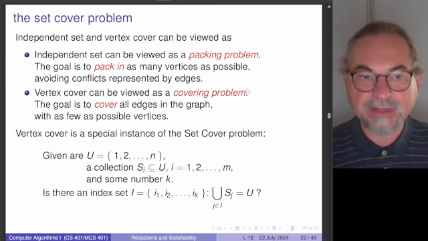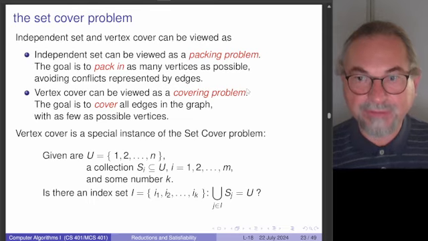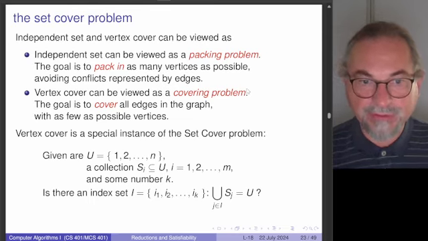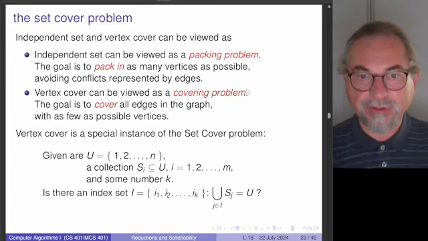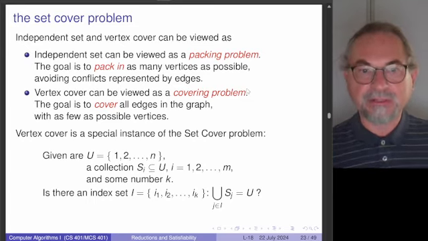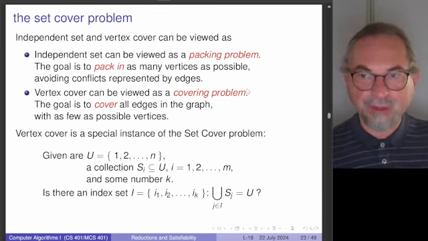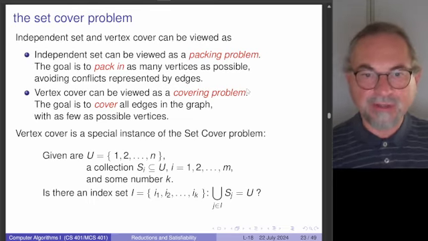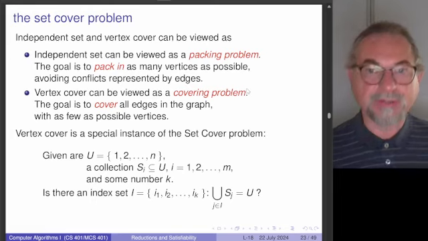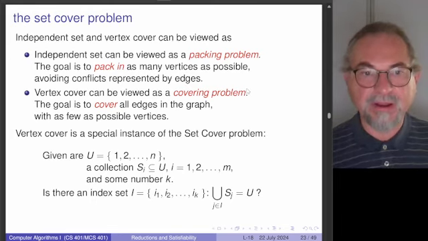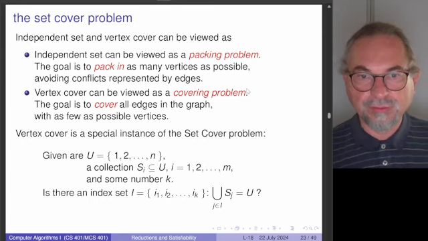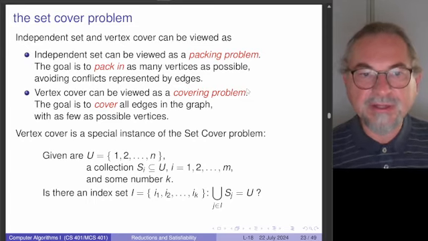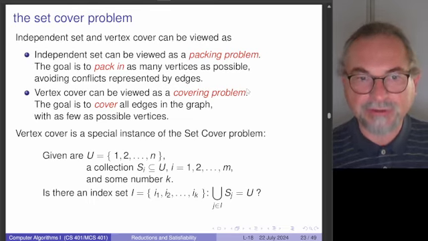U you could interpret as the universe, and then you have a finite number of subsets. M could be all subsets, but typically it is a finite number. You want to decide if there is a selection of these subsets that covers the entire set.